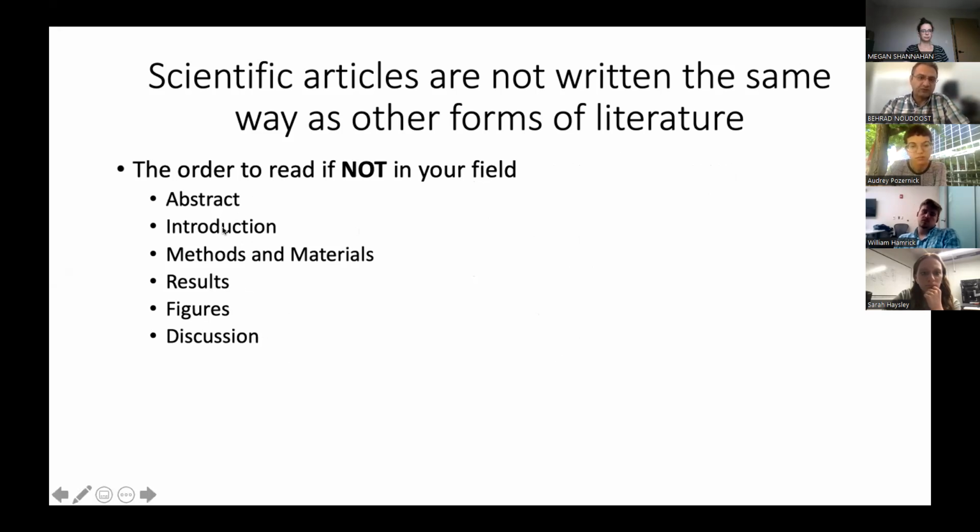If you don't know what the background is or how this research is usually done, you probably need to spend more time on introduction and methods and materials to understand where this article fits in, and then start reading what the results are, how they are showing their claimed reports, and how they discuss these findings.